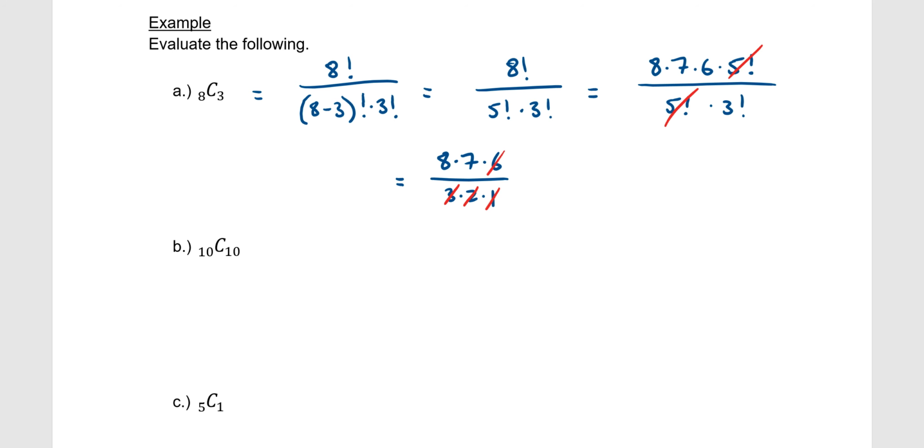So we can cancel 6 in the numerator with that whole denominator. And we end up with 8 times 7, which is 56. So there's 56 different ways to choose 3 objects from 8 objects where order does not matter. And once again, there's a button for this on the calculator under the PRB button.